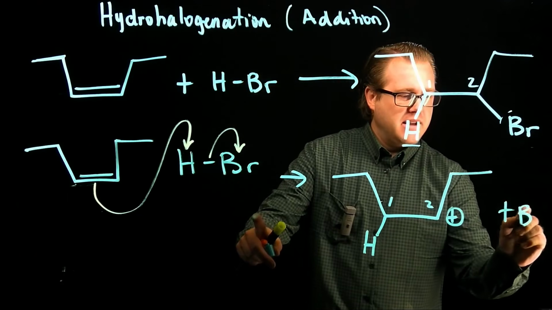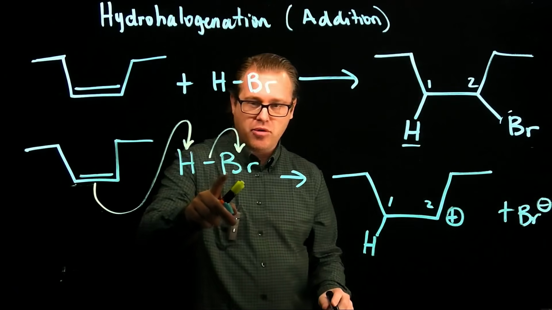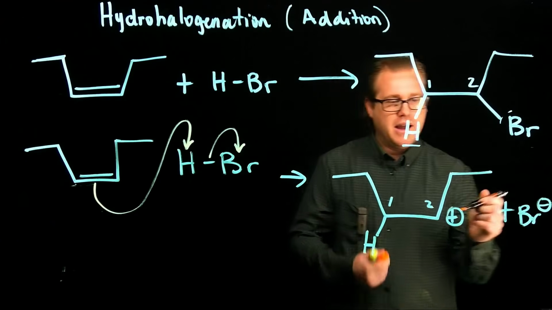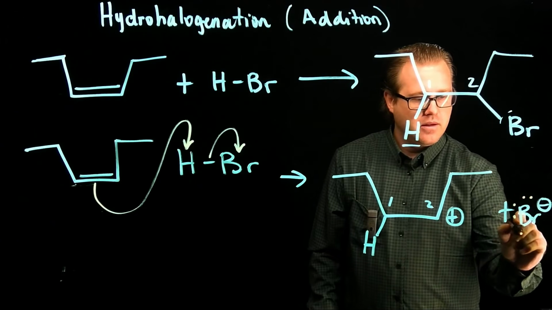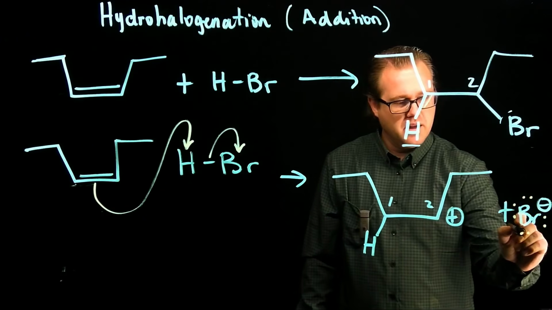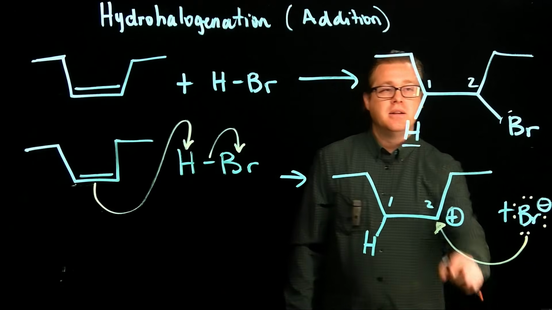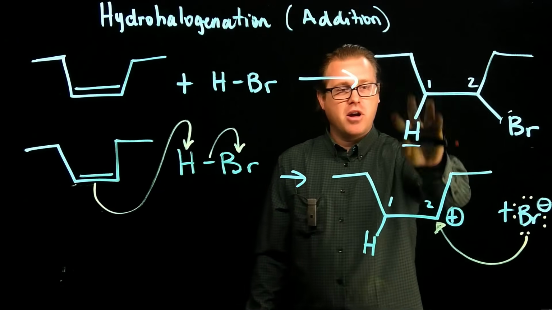But remember what was left over? We have the bromine that left to form the bromide. And so now that bromide, negatively charged, will come in and attack that carbon, the carbocation, to give us our product shown here.